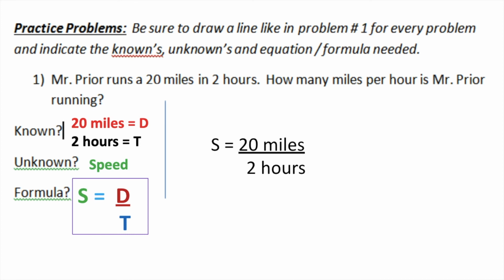So if speed is equivalent to distance divided by time, I'm actually ready to show my work and plug in my number values. So speed is equivalent to 20 miles divided by 2 hours. So then if I do 20 divided by 2, I get that our speed is equivalent to 10 miles per hour.